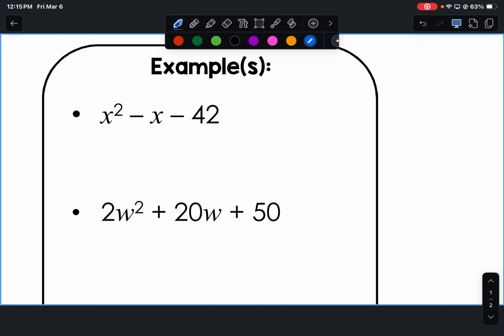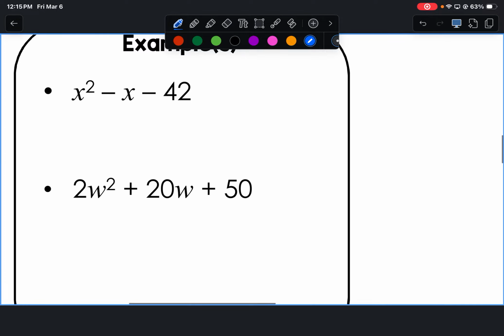Same thing, we check for a GCF first, and then we can look at the trinomial. So does x squared minus x minus 42 have a greatest common factor? No. So what is our a in this trinomial? 1. What is our b? Negative 1. What is our c? Negative 42.